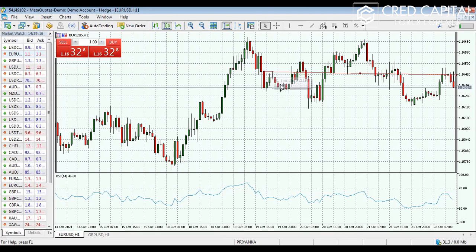So this will be considered as a resistance level. From this the market is falling, and again from this the market is falling. After appearing this hanging man, the market is falling in the Euro USD pattern.